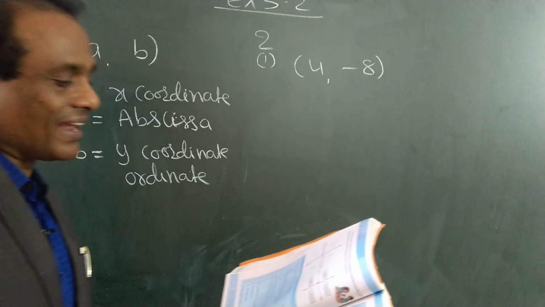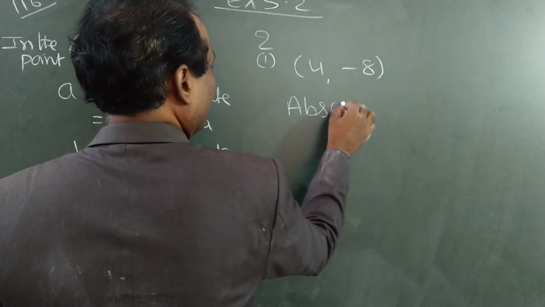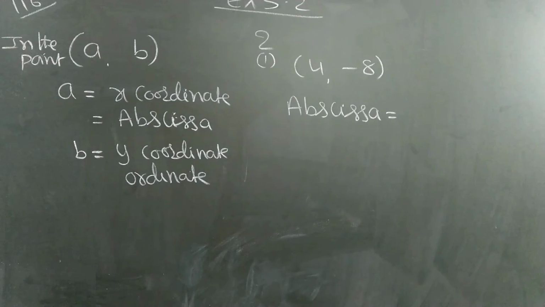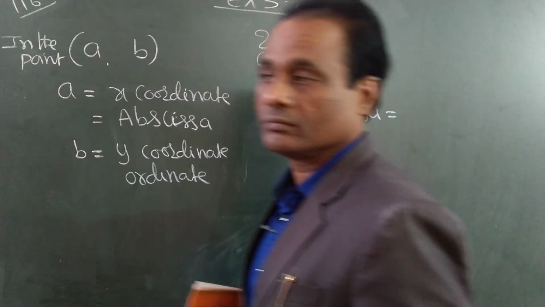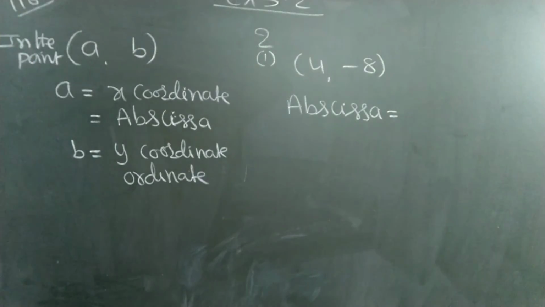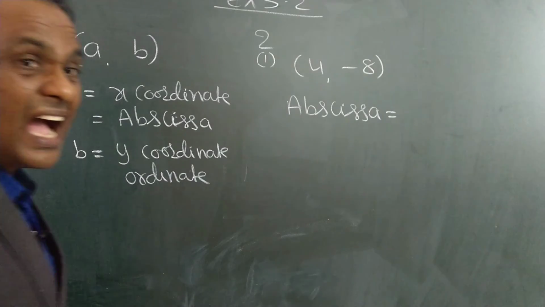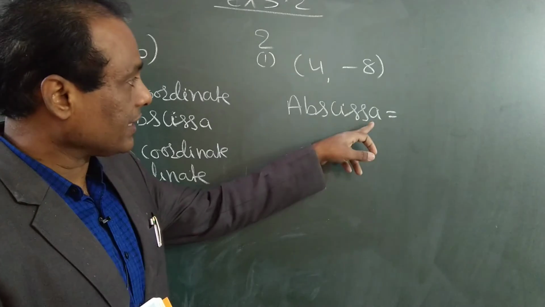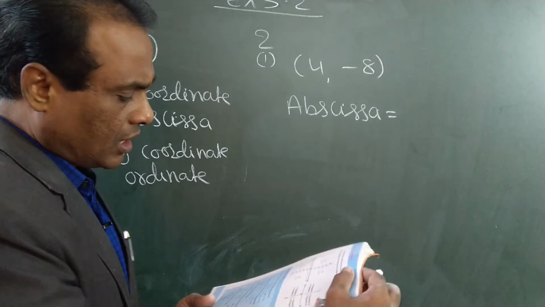Minus 8 is the point. Write the abscissa and ordinate. Actually the spelling is abscissa, but plural is given here, and this is singular.